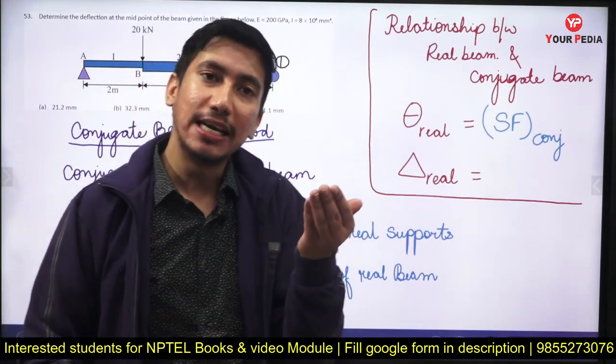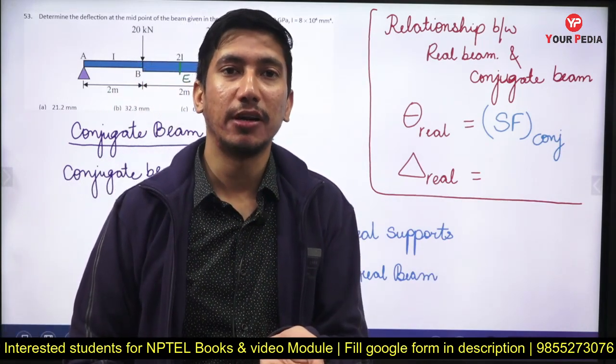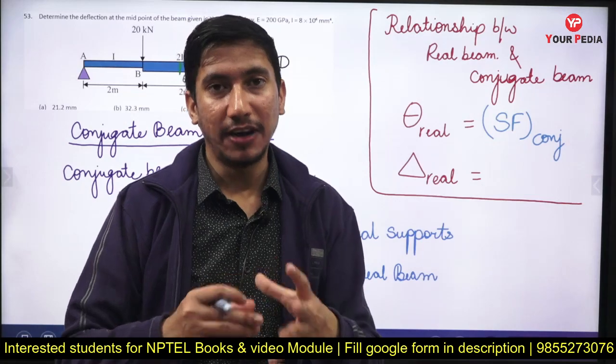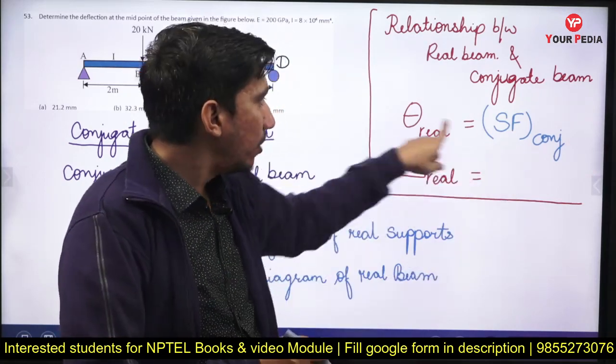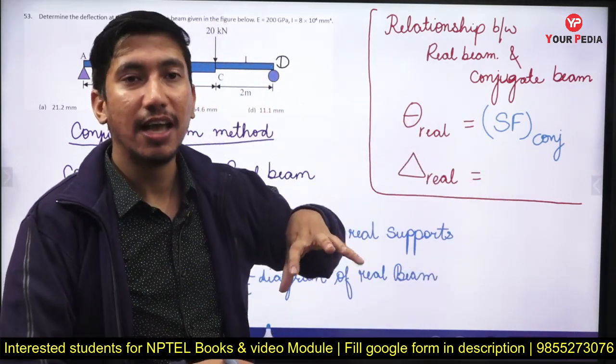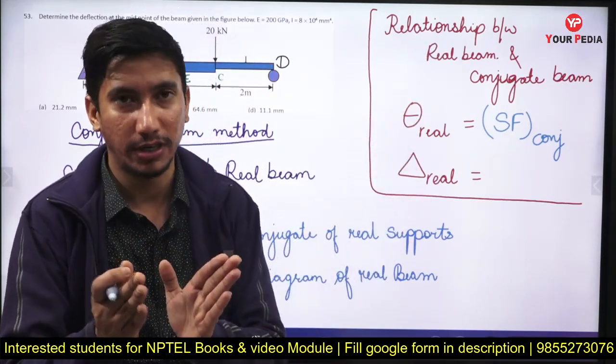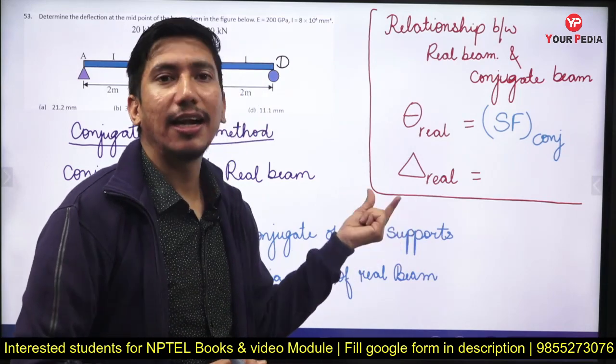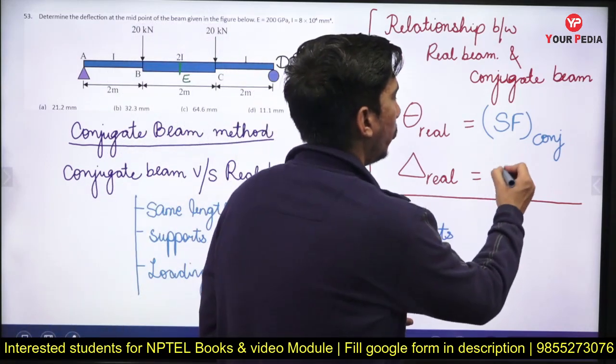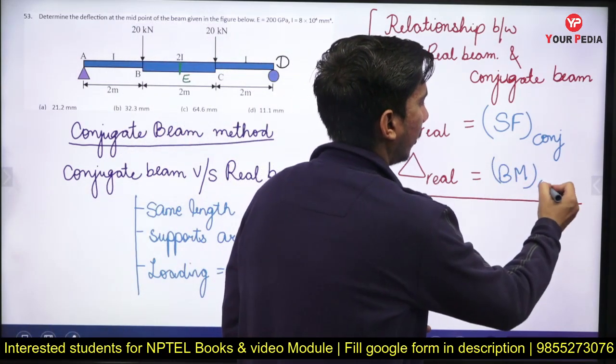And you know how easy it is to find the shear force at a point in a beam? So by finding something easier, we have found something which is difficult to find. Therefore this relationship is so important. Similarly, deflection at any point in the real beam is equal to the bending moment at that particular point in the conjugate beam.